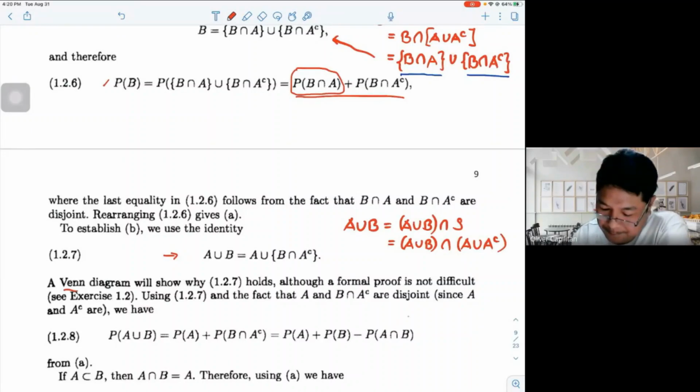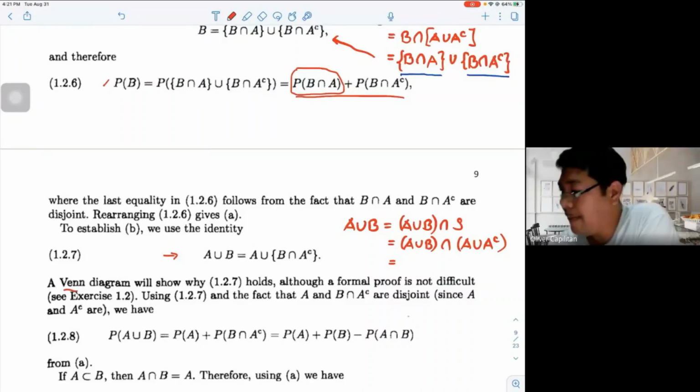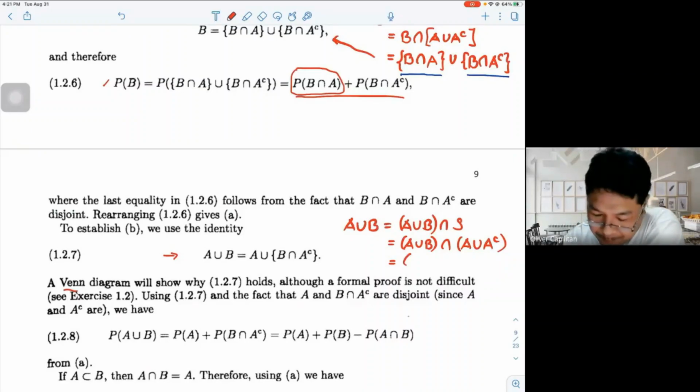And after that... Okay. Next, we can show that this is equal to A intersection A and then union B intersection the A complements.